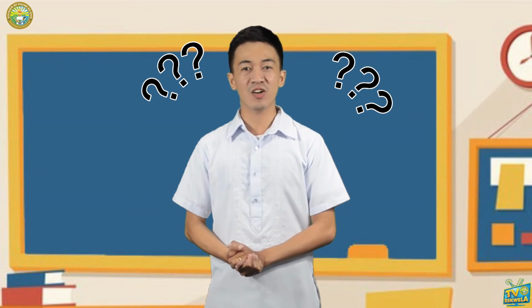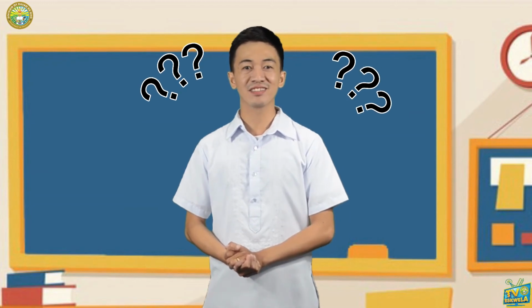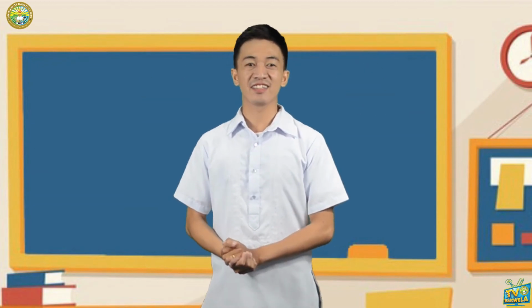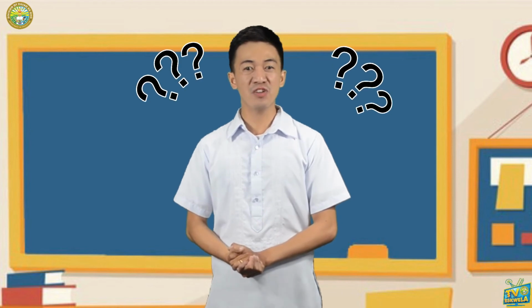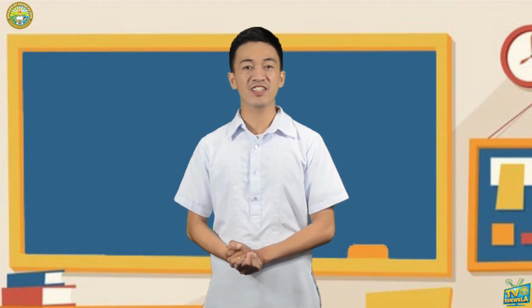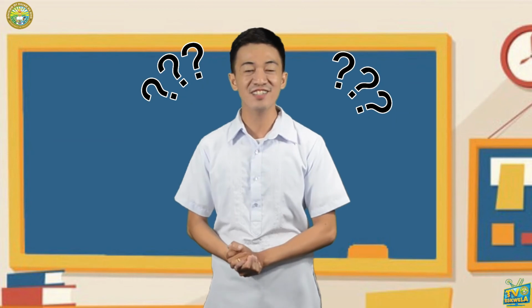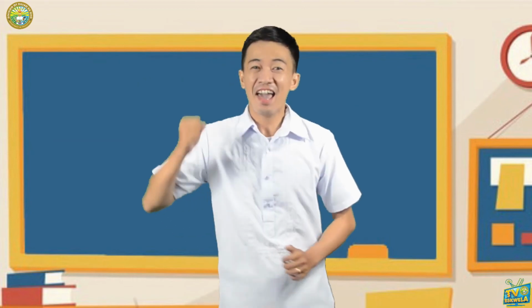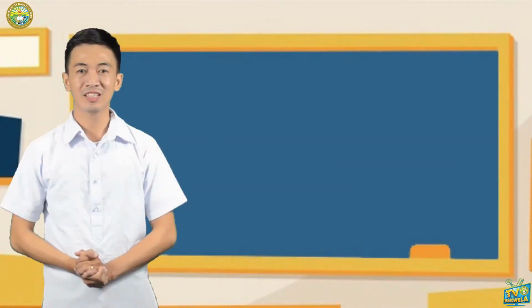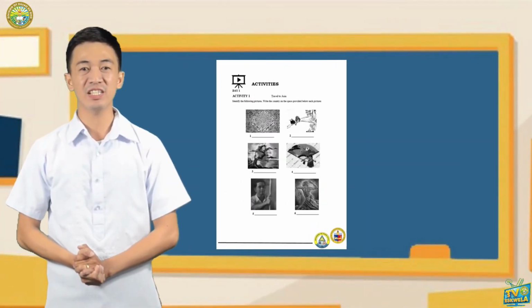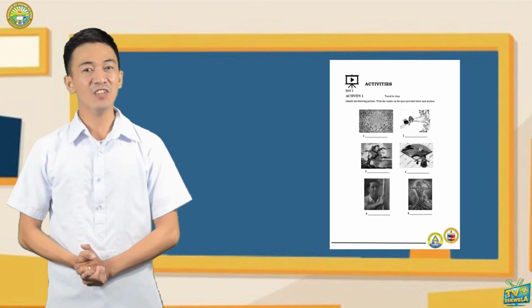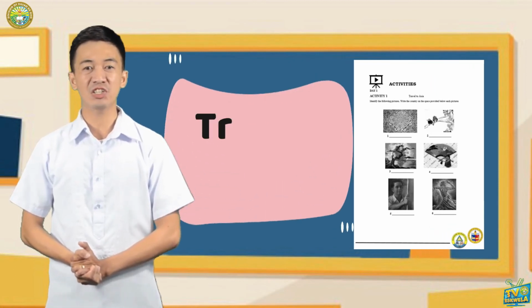Have you guessed the correct answers? Great! Do you now know the different practices of Asian artists and artisans? Excellent! Now go to your module activity. The title of the activity is Travel to Asia.